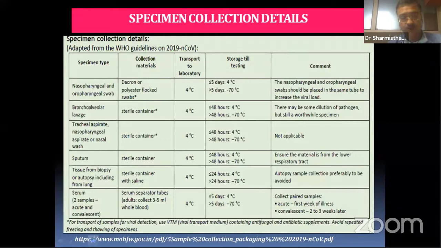And for the rest, bronchoalveolar lavage, tracheal aspirate, sputum, you can keep a maximum of 48 hours at 4 degrees. If it is more than 48 hours, you have to keep it at sub-zero minus 70. For transport of samples for viral detection, you have to use a viral transport medium, which will help the virus to survive.